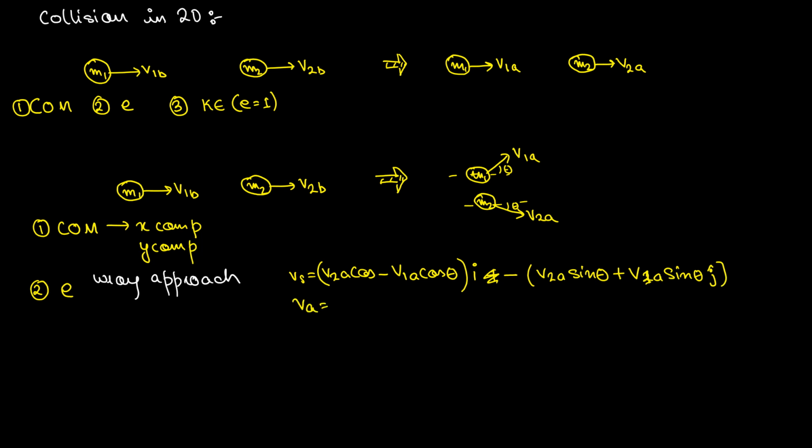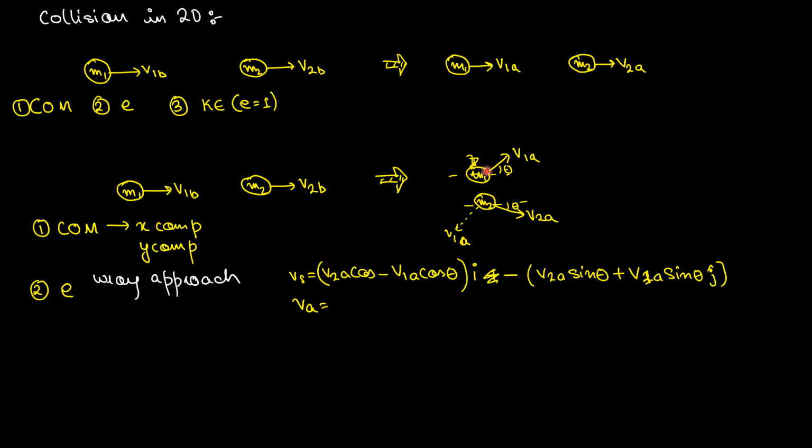Velocity of approach: if I take my observer for velocity of separation on the m1 body, the relative velocity of m2 would be in this direction, v1a. Velocity of separation is nothing but this value, the relative velocity of body 2 as seen by body 1.